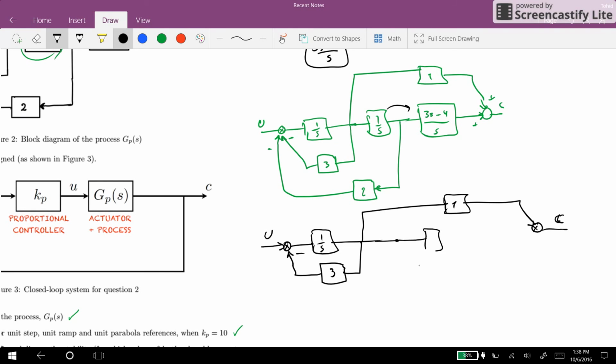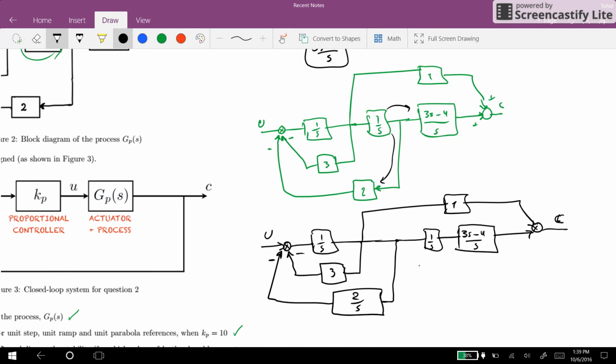So we will have 1 over S. And from here we have 3S minus 4 over S. 1 over S moves and appears here as well. So we will have 1 over S times 2, or 2 over S, with the negative sign of the feedback here.